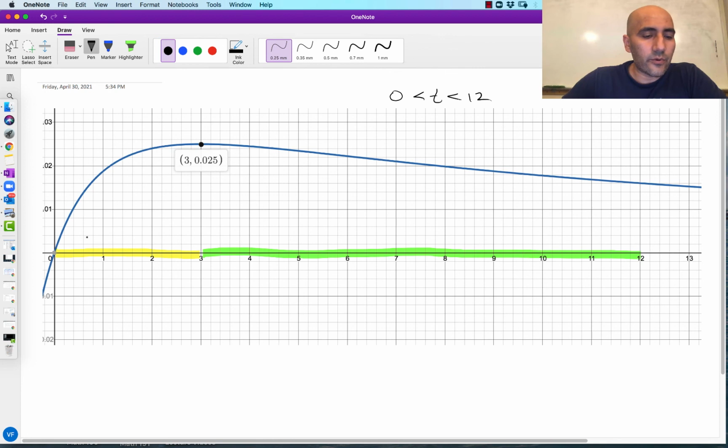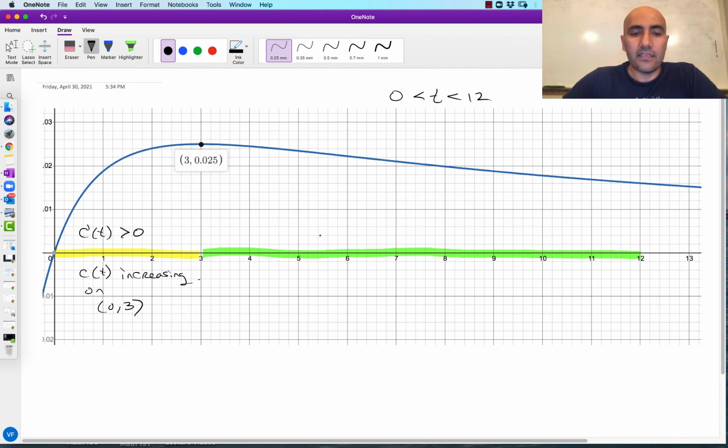We were able to confirm that the derivative C prime of t was positive in this zone, so therefore C of t was increasing on this interval, between 0 and 3.